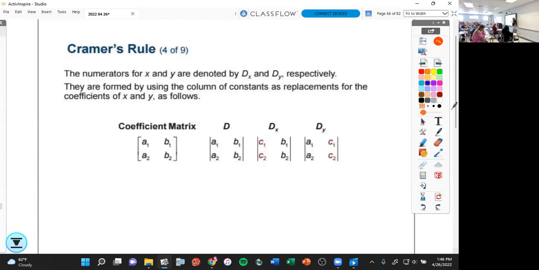If I replace the X column with the answers, this is the determinant sub X. I use the determinant sub X to find the value of X. If I replace the Y column with the answers, I'm now going to calculate the determinant sub Y. I'm going to use the determinant sub Y to solve for Y.